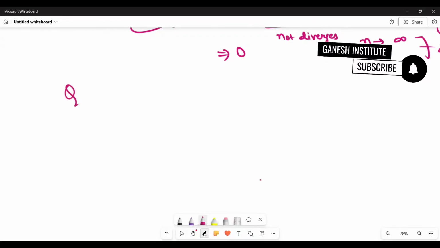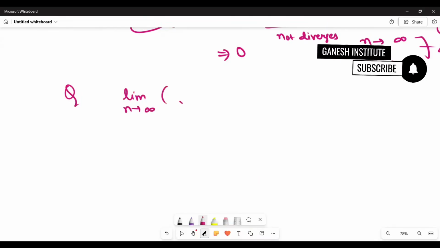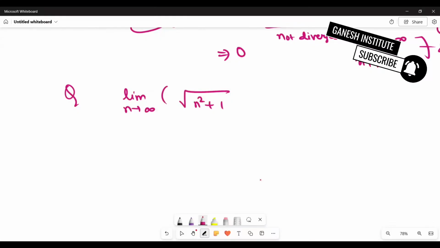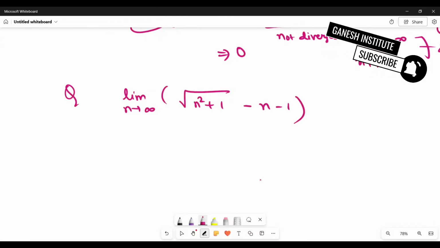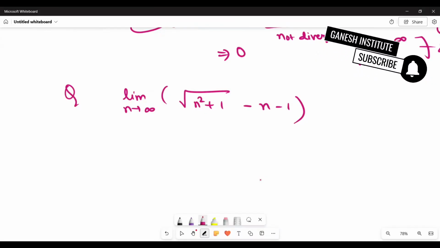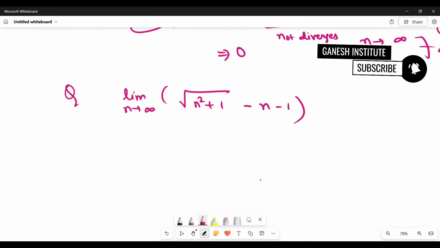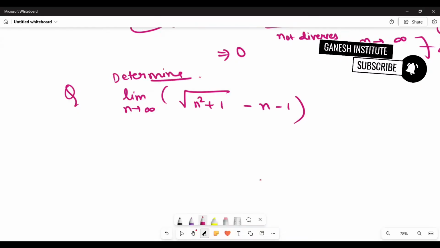Then I have another thing, which is limit n tends to infinity. What should I do with this? It is not about diverging or converging. I need to find its value actually. What do you think? How can we approach it?